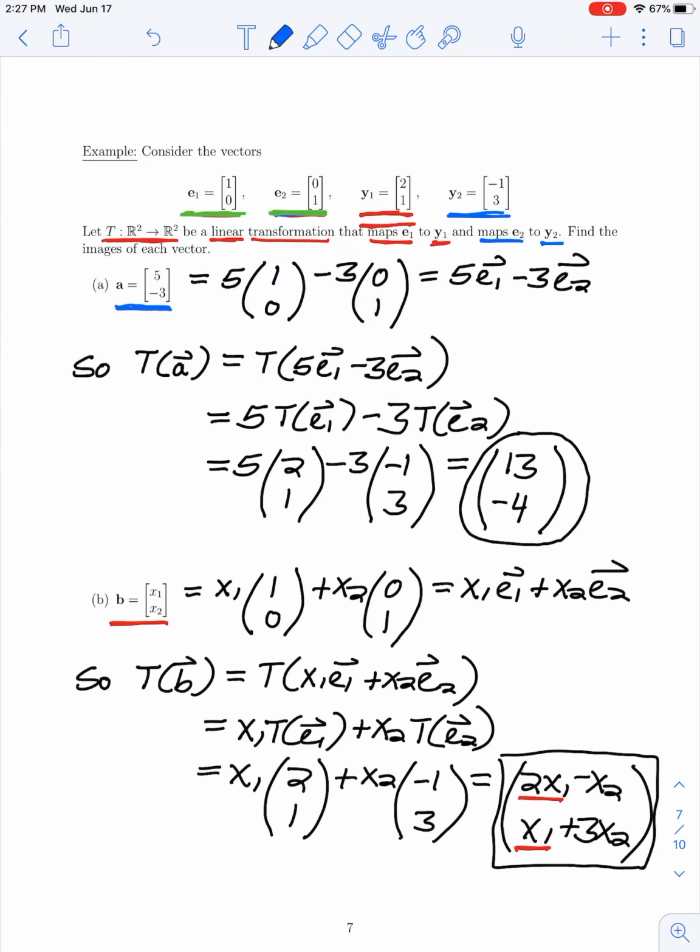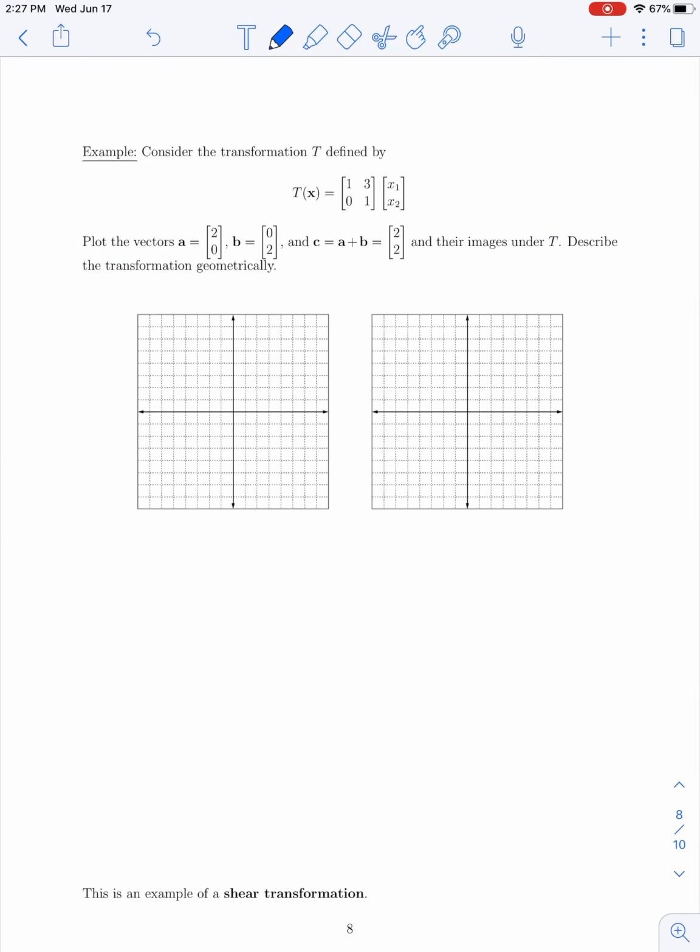And if we look at the coefficients for x2 in each row, negative 1 and positive 3, those were exactly the entries of this vector Y2. So it seems like there is some relationship between our transformation and the images of these two special vectors, E1 and E2. We'll see that in more detail in the next section.